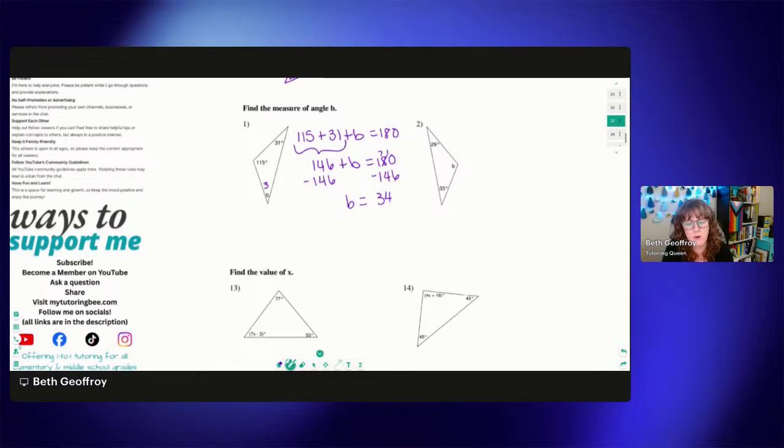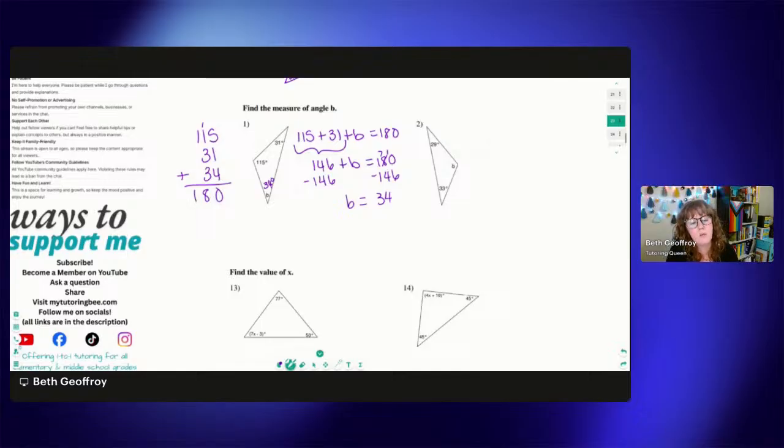So this one would be 34 degrees. And we can always check our work on that. We could do 115 plus 31 plus 34, add all of that up, and that would give us 180. So 5 plus 1 plus 4 is 10. This is 6, 7, 8, and then the 100. So we do wind up with 180 degrees.